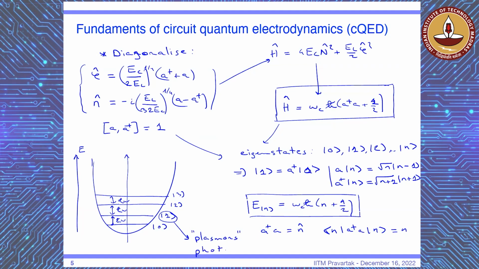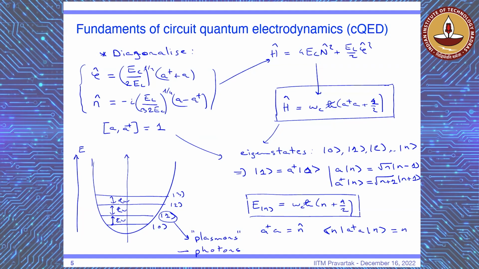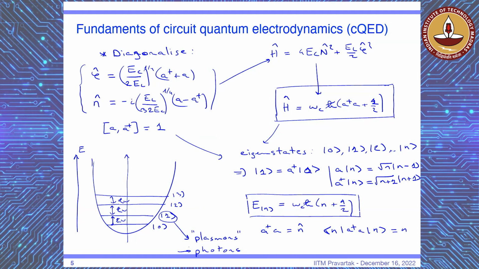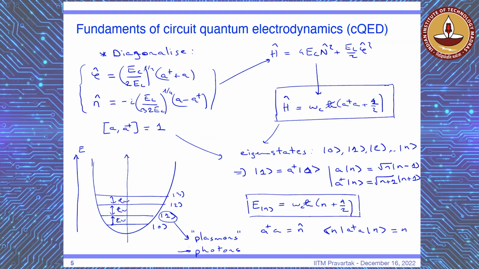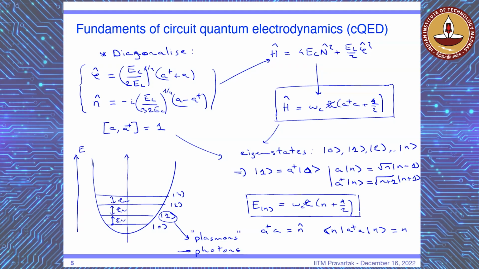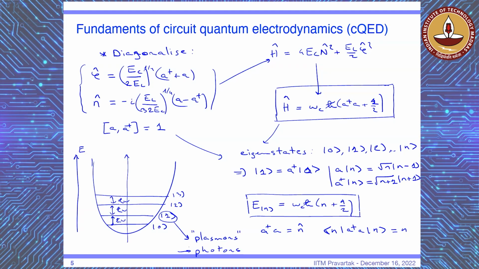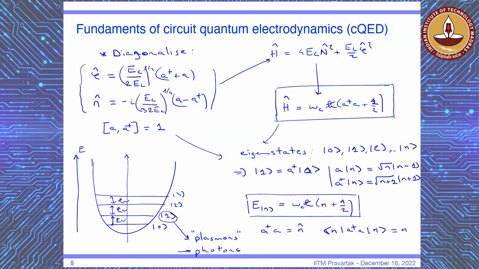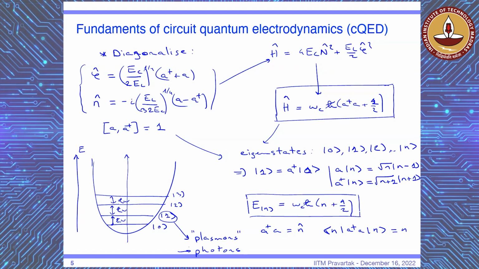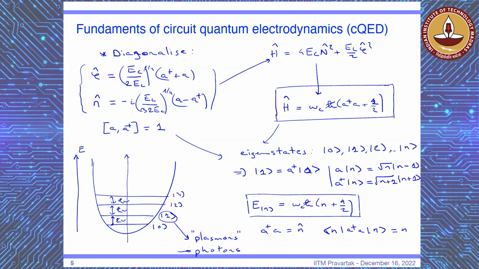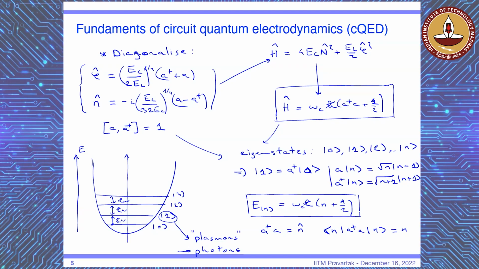And in this lecture, I'll also just be using photons, because at the end of the day, they're just electromagnetic degrees of freedom. There's still a fundamental difference: here we have a circuit and we have circuit charges that create magnetic fields and electric fields. So they're photons, but created with charges, whereas when we deal with quantum optics, it's pure electromagnetism. That's the main difference, but it's still the same nature of degrees of freedom.